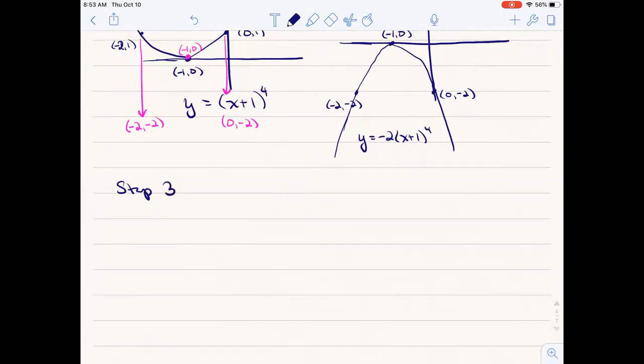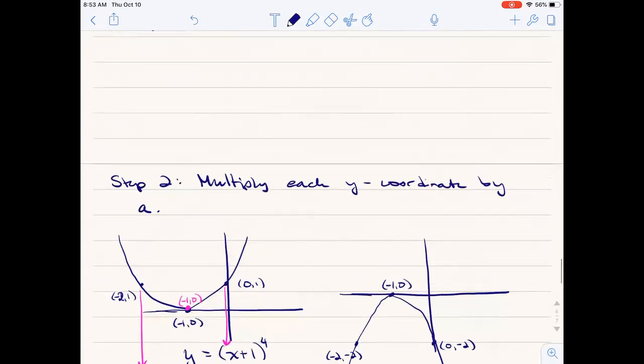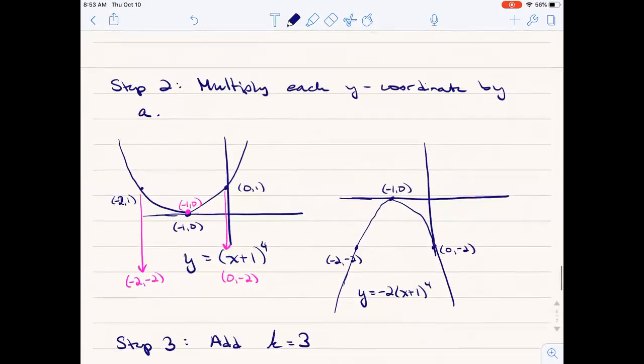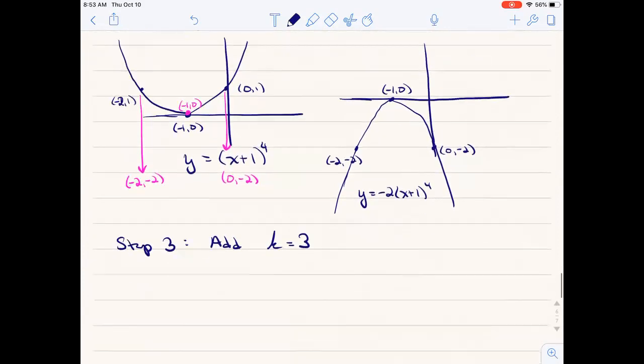Which brings us to step 3, where we're going to add k equals 3. Oh, you know what? I'll just clarify here. Multiply each y coordinate by a equals -2. There. But I think we had k is plus 3.